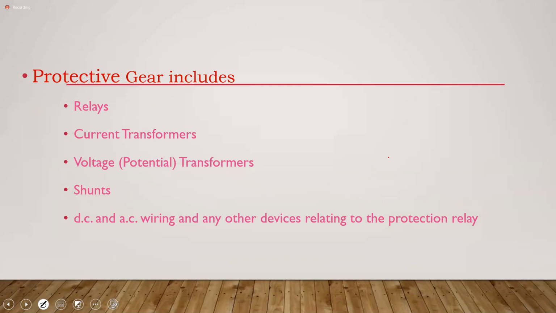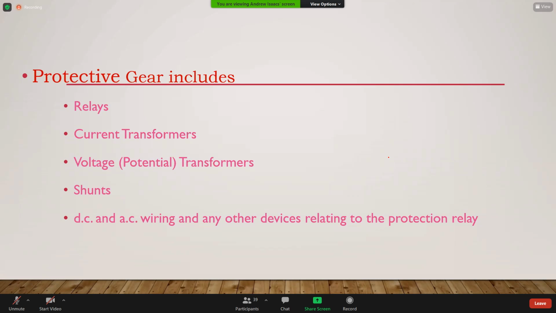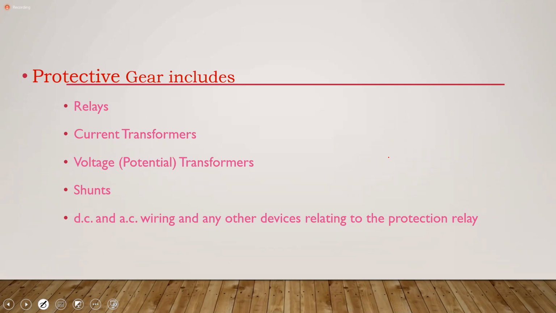So you see there as PTs. All right. But for us, we look at VTs. Right? Same thing. Your shunts, your DC and AC wiring, and any other device relating to the protection relay. All right. So these constitute your protective gear.